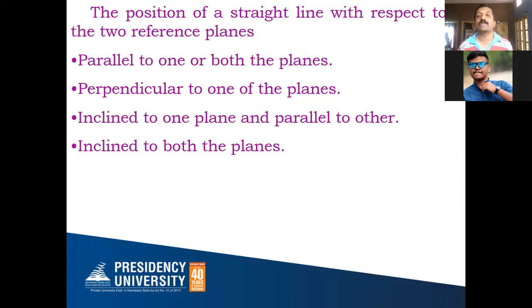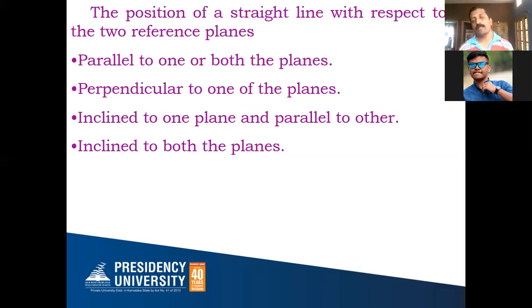If it is with respect to HP, it is denoted by theta, and if it is with respect to VP, it is denoted by phi. Theta is the inclination of the true length with respect to HP, and phi is the true length inclination with respect to VP. So theta and phi are the true inclinations, and you will always get the true inclination for the true length only.